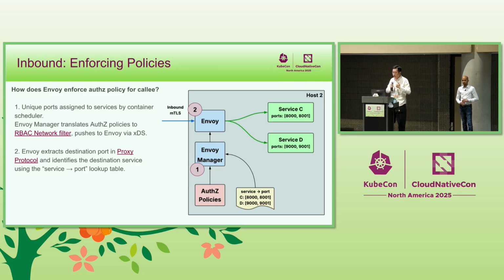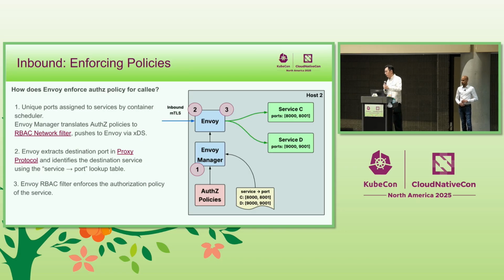And it also allows us to look up in a table to see, for example, port 8000 is used by service A, and we would enforce the policies of service A. Last, it would trigger the RBAC filter we push to Envoy to actually enforce the policy of the service. We only forward the traffic to the destination service when the caller is fully authenticated and authorized.